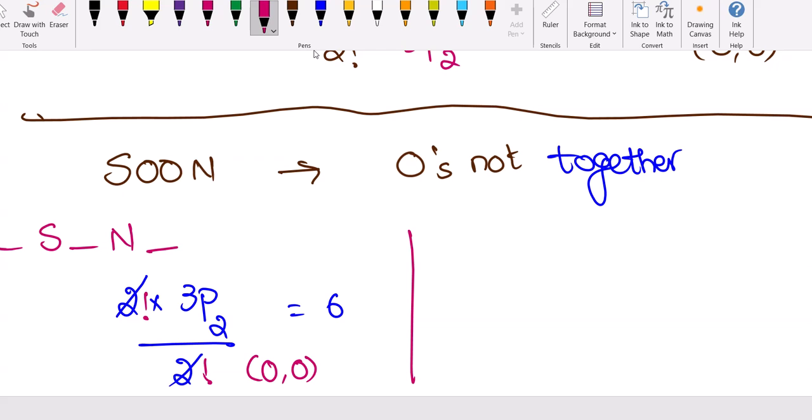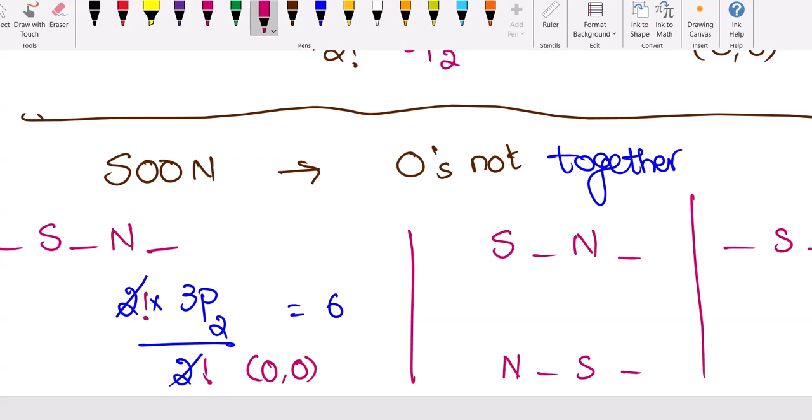I'll write all those 6. If anyone got another arrangement other than those 6, let me know. First I am taking S, N with a gap, N. Next one, I'll try with N and S. Next one, gap S, gap N. Next one, gap N, gap S. Here I can put O and O. Vowels not together.